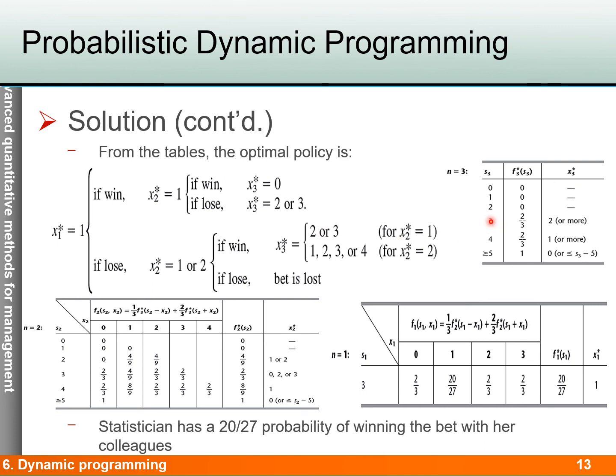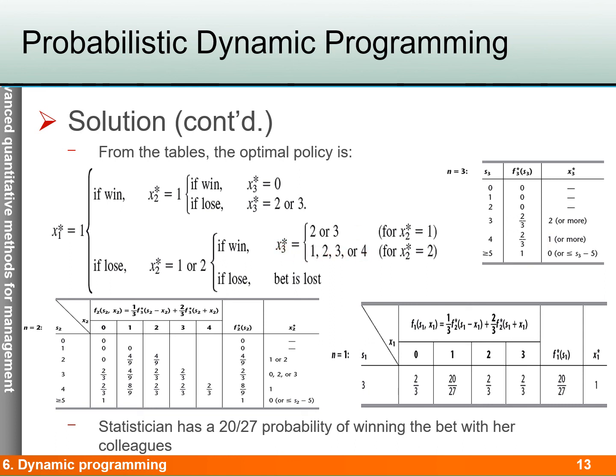As you see here, 3 remains for us. For X2 equal to 1, it means that we should make a bet of 2 or more, that is 2 or 3. If X2 is 2, 2 plus 2 is 4. So she should bet, sorry, 1, 2, 3, or 4.